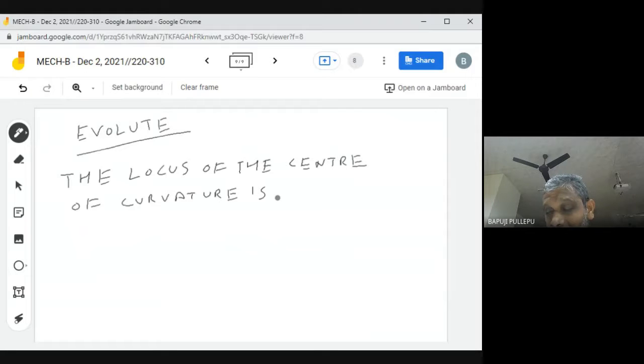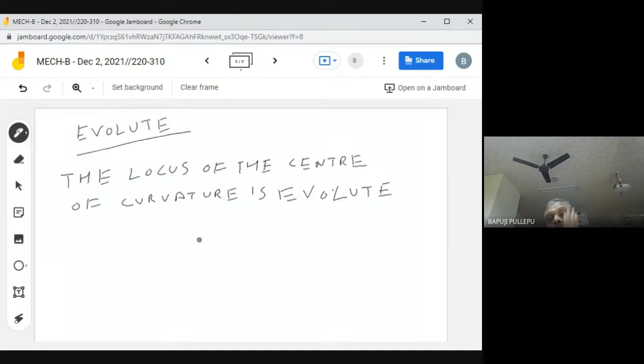If you join the set of points, you will get a path. Actually, locus means it is a path. If you join the set of all points, you will get one path. That path is called the locus. You already did this in plus 2. You start with x bar, y bar, then finally you remove the bars and write x, y. Correct? That is what you call the locus.